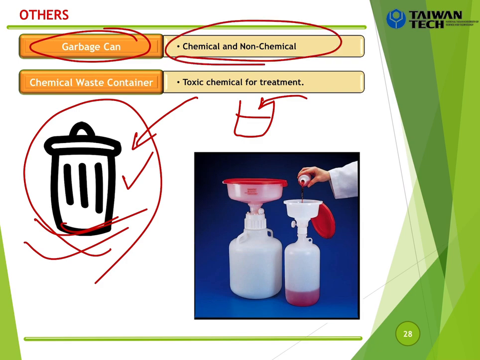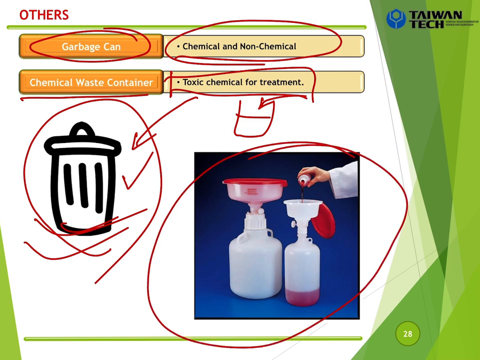And for the chemical waste container, for some experiments we use some normal chemical you can pour into the sink. Okay, but for the toxic chemical we need the treatment, we cannot pour into the sink. Okay, we should protect our environment, so we should put it in some specific container.